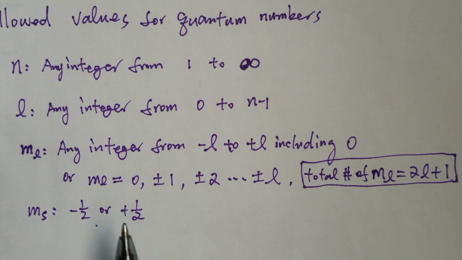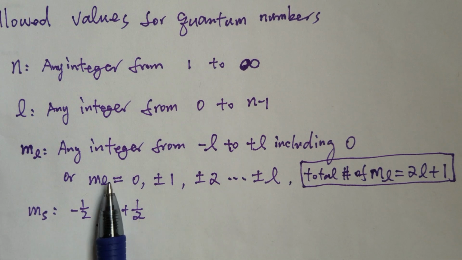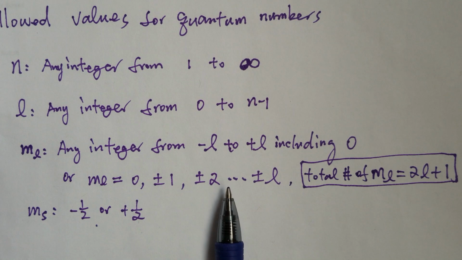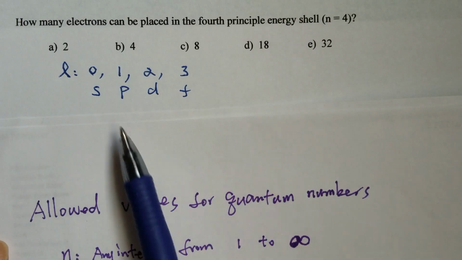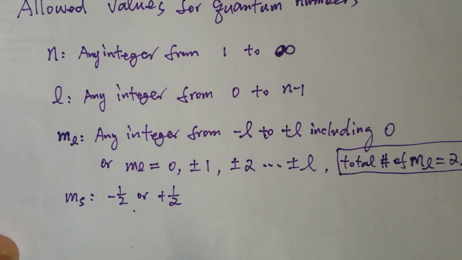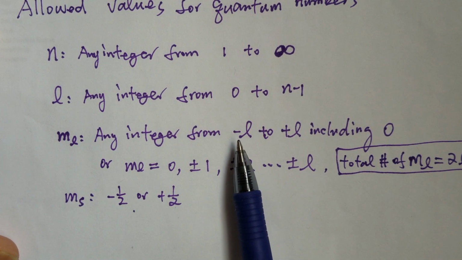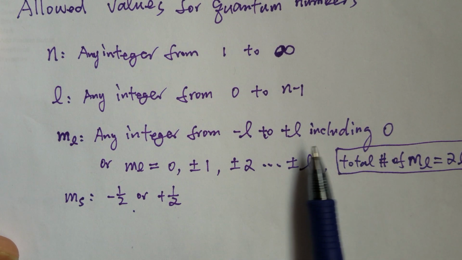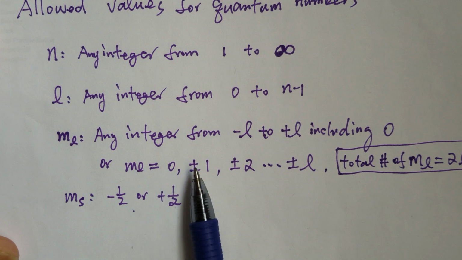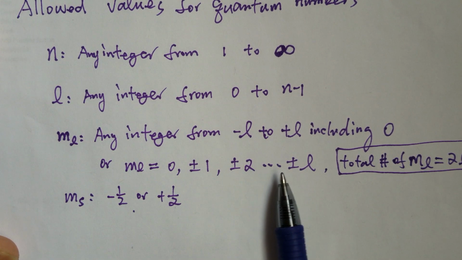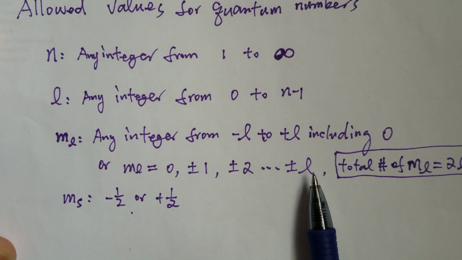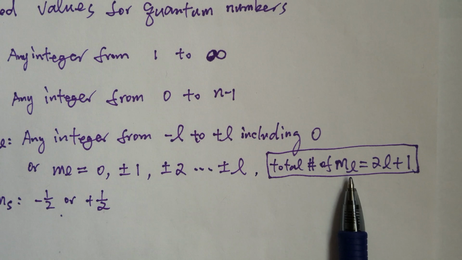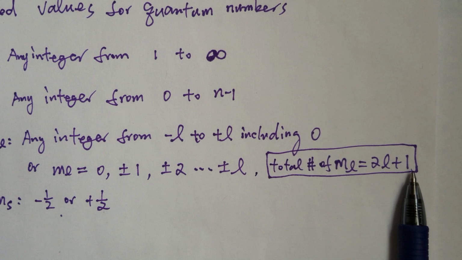Next, we want to find out the number of orbitals, or ML values, for each of the 4 subshells we just discussed. So ML value, again, that should be from negative L all the way to positive L. Make sure you include 0, or another way to do it is ML equals 0, plus minus 1, plus minus 2, all the way to plus minus L. The total number of orbitals, or ML values, should be 2L plus 1.